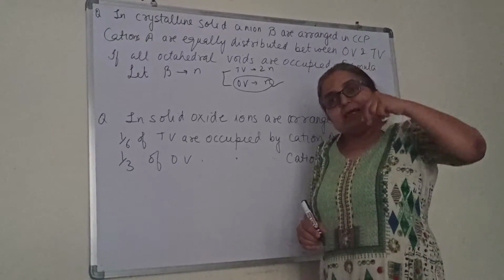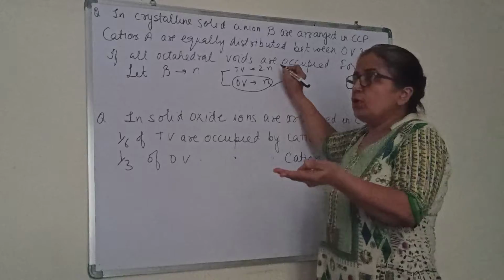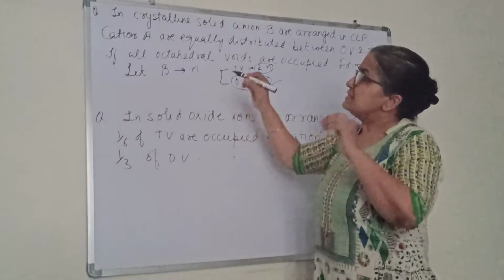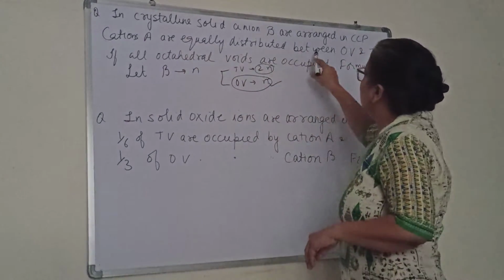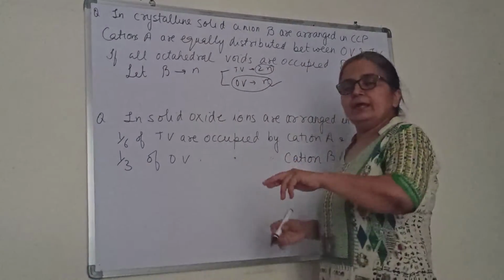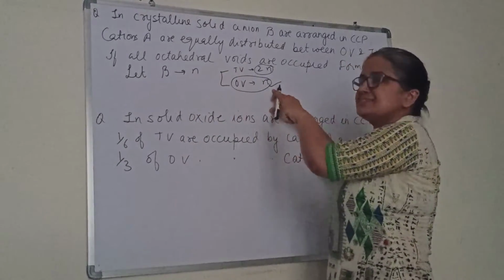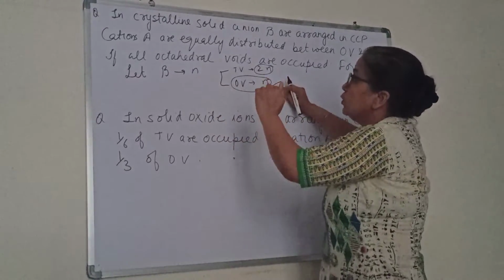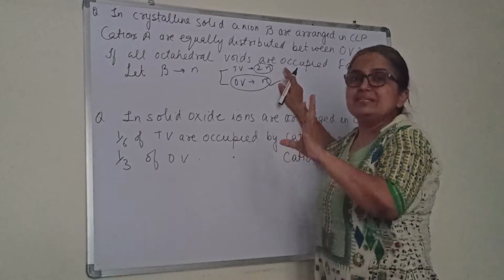This we know. And it is further saying that it is equally distributed between octahedral and tetrahedral. That means at tetrahedral also the number is n, because we don't have to see this 2n now, because it is saying clearly that cation A is equally distributed between octahedral and tetrahedral. So octahedral is n, because it is occupying all octahedral voids, and an equal number of tetrahedral voids is occupied, not all of them.